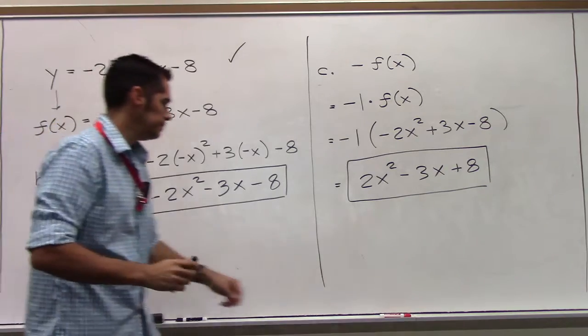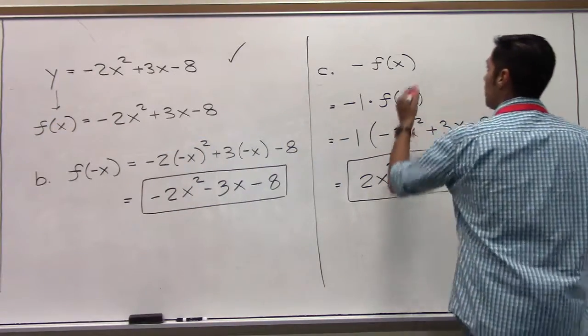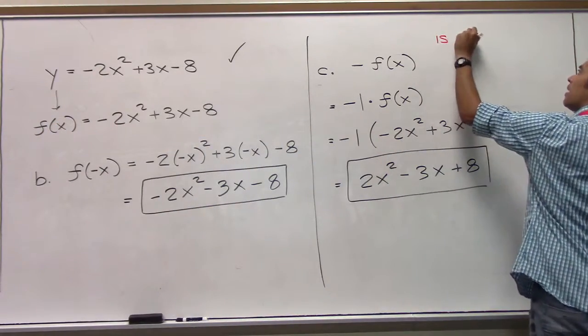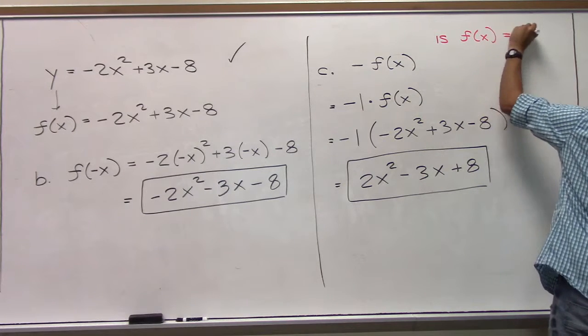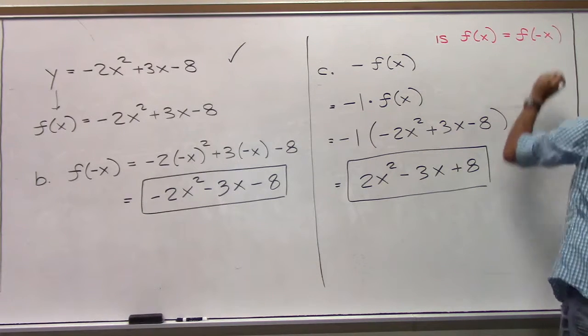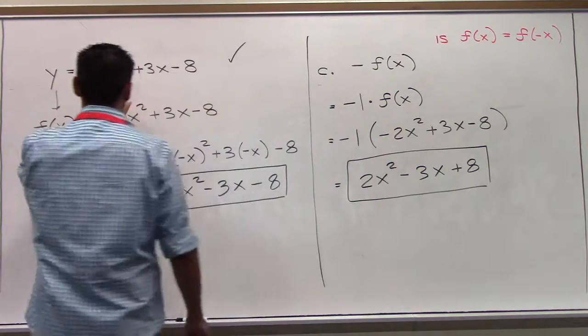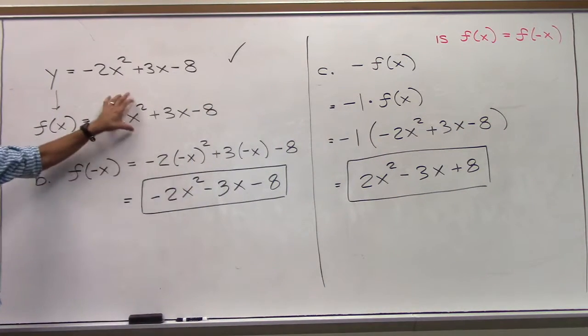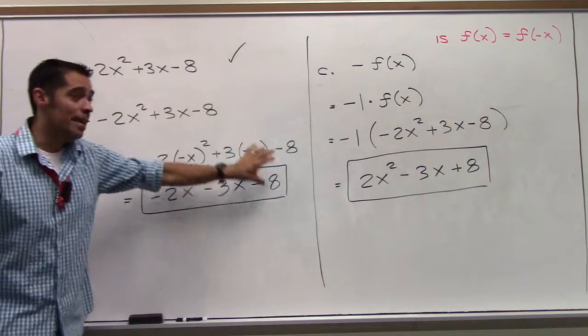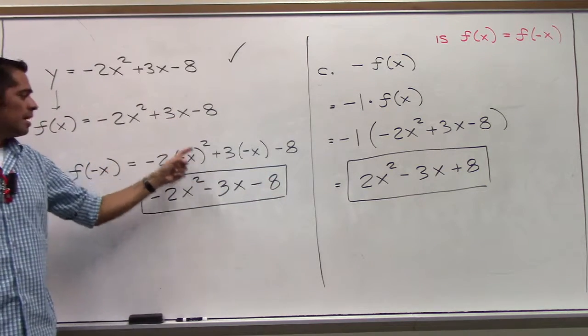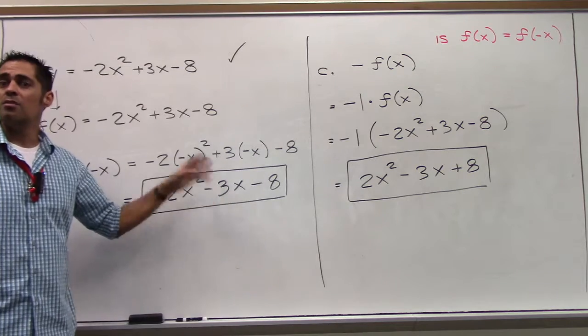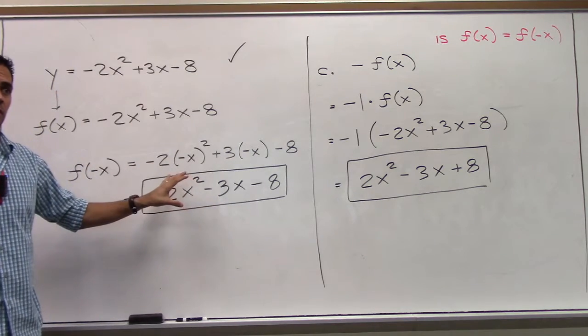Yes or no? Is f of x equal to f of negative x? Are they the exact same functions? No? Well, they both have negative 2x squared. They both have negative 8, but this one has positive 3x and this has negative 3x. So they are not the same functions.